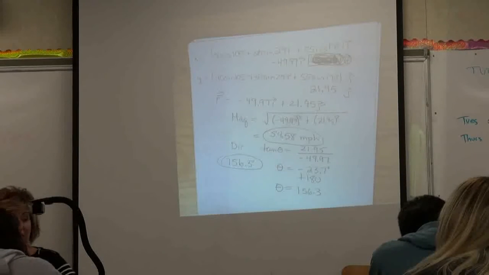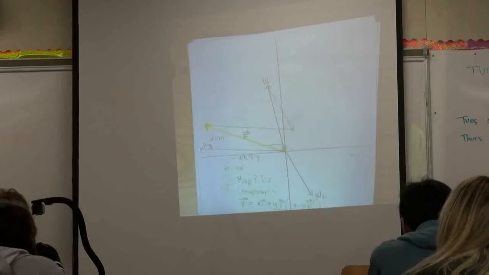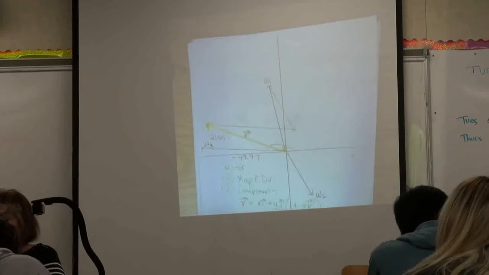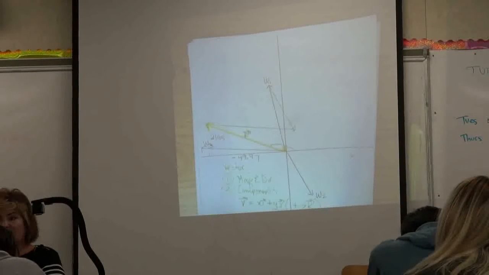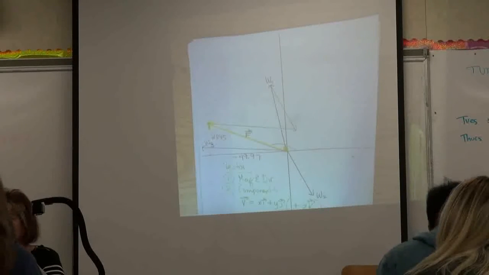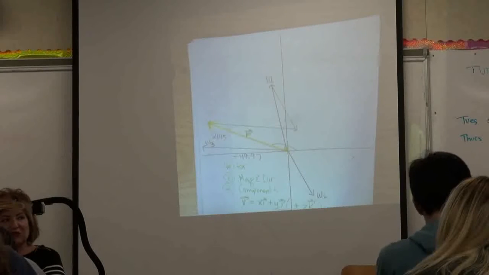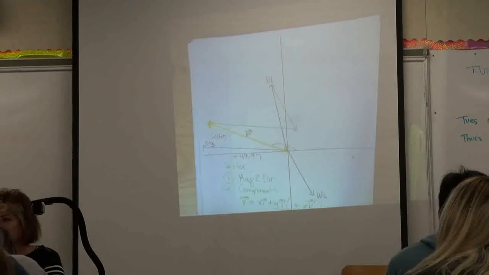That was a good problem as practice because it brought in drawing the vectors. It reminded you that vectors are drawn in standard form as position vectors with their tails at the origin. And when you draw resultant vectors, after you draw them as position vectors, you translate them.